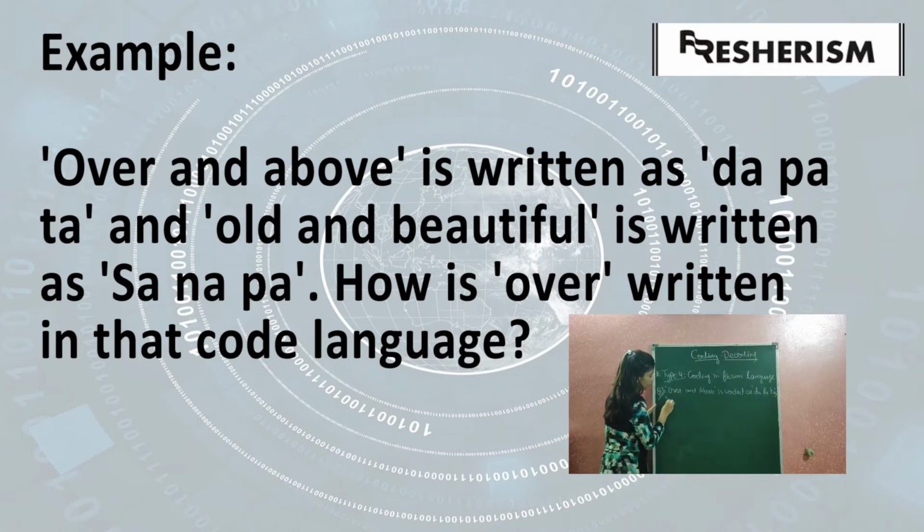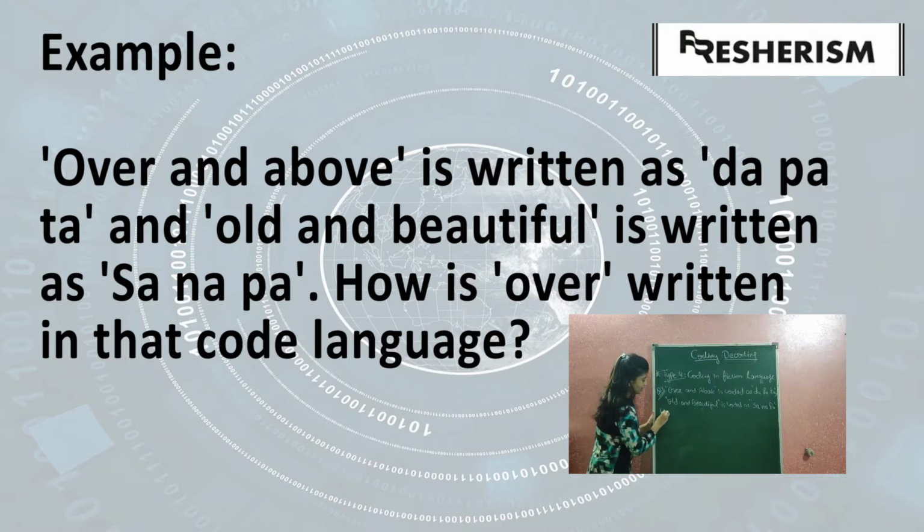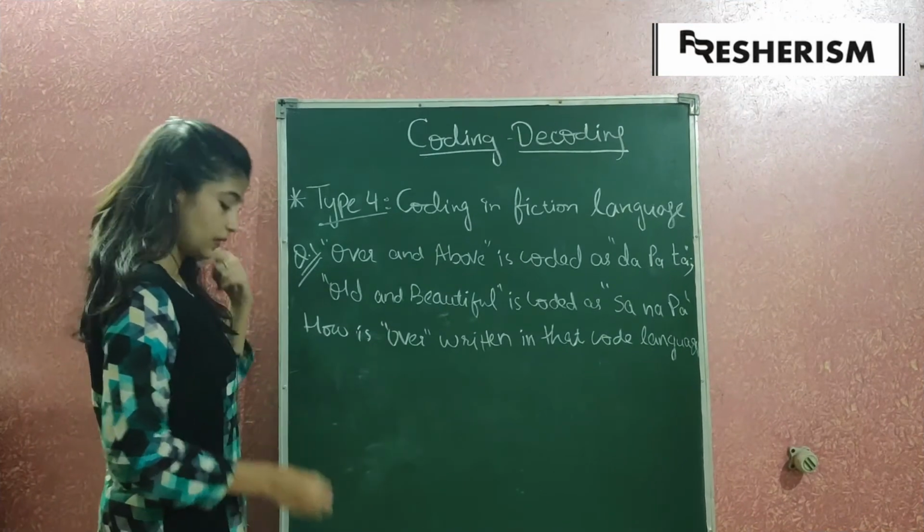Old and beautiful is coded as SANAPA. And the question is, how is over written in that code language? So this is our question.